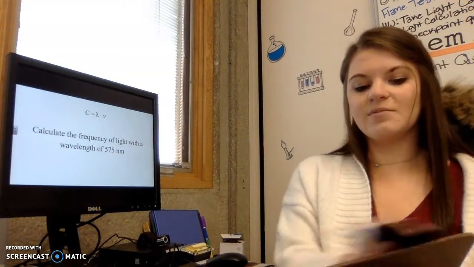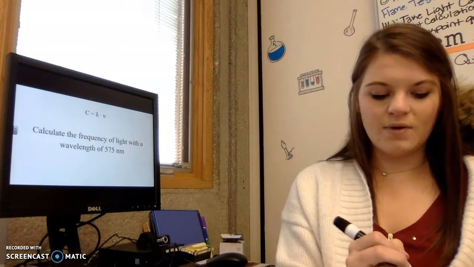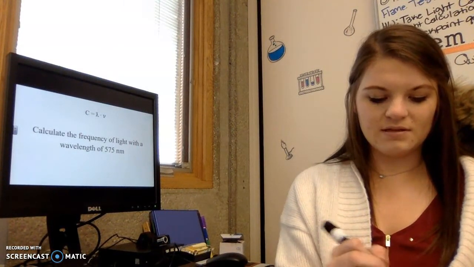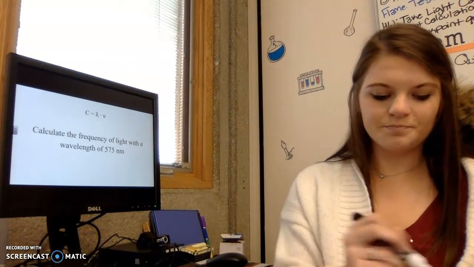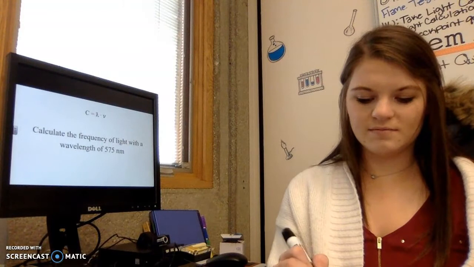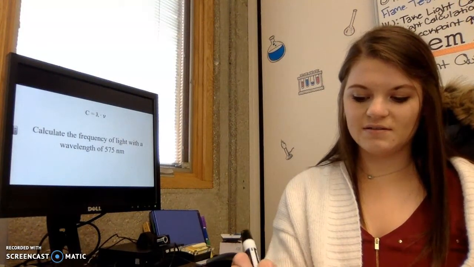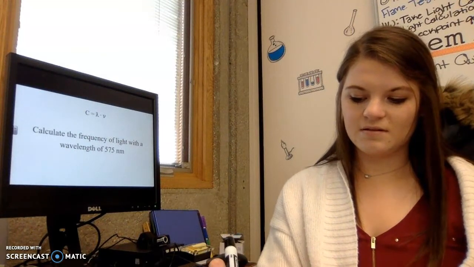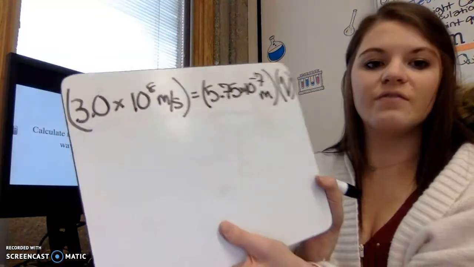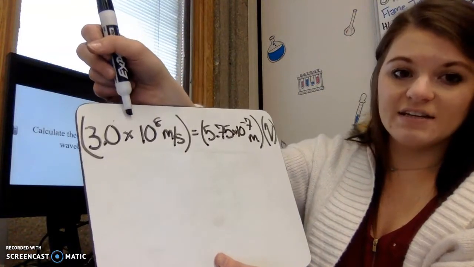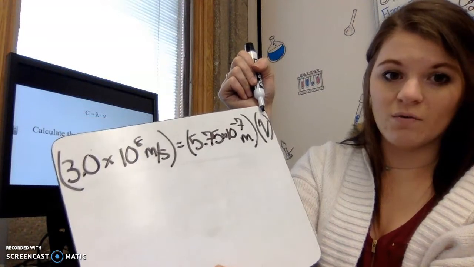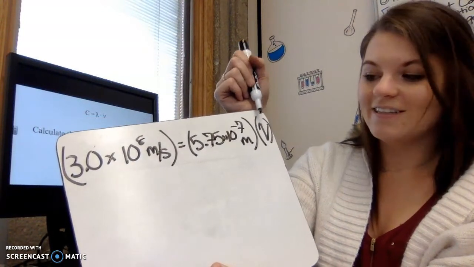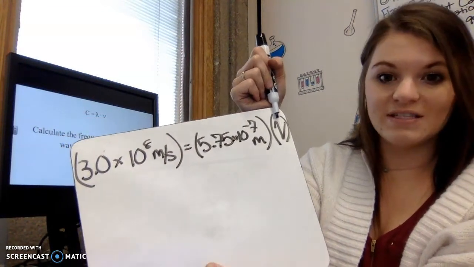So it's just a simple algebraic problem. You have 3 times 10 to the 8th meters per second equals the wavelength that you just calculated in meters, and you're solving for nu. Speed of light, wavelength. The variable we're solving for is frequency.